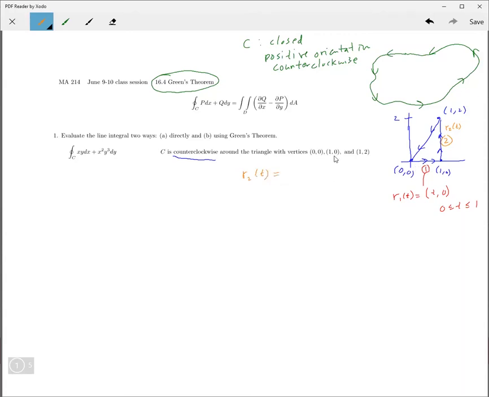You want to start with that point and end at that point, so you can apply the formula. This is what you're going to get: 1, 2t. I'm using the same variable t. Notice that if I put a 0 in, I get 1, 0, which is that point. And if I put a 1 in, I get 1, 2, which is that point there.